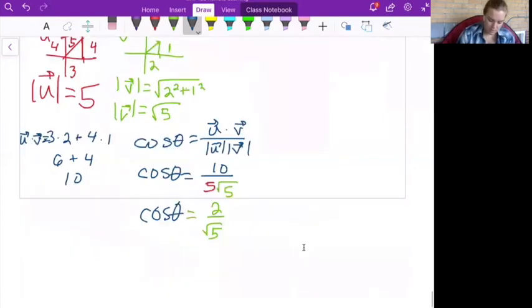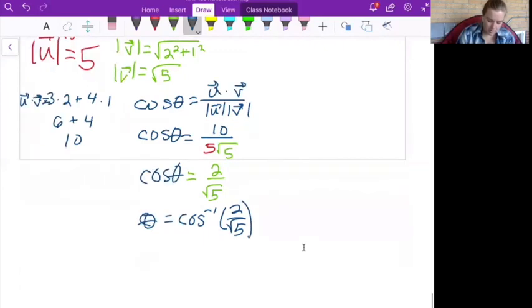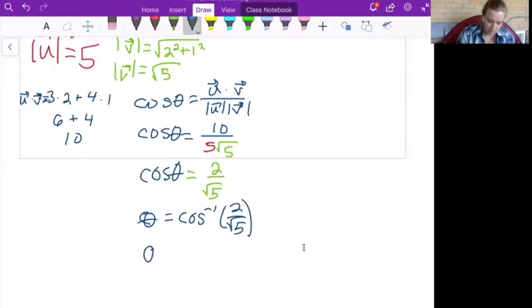And so then we take cosine inverse of 2 over root 5. And so then we get that theta is equal to 26.6 degrees.